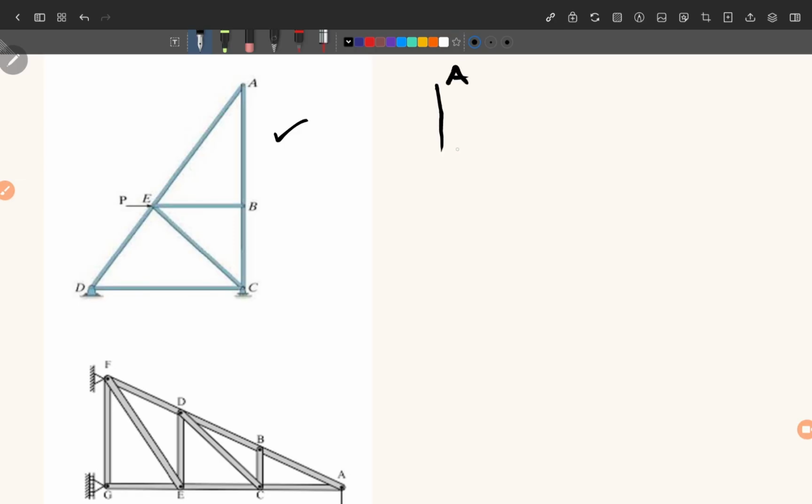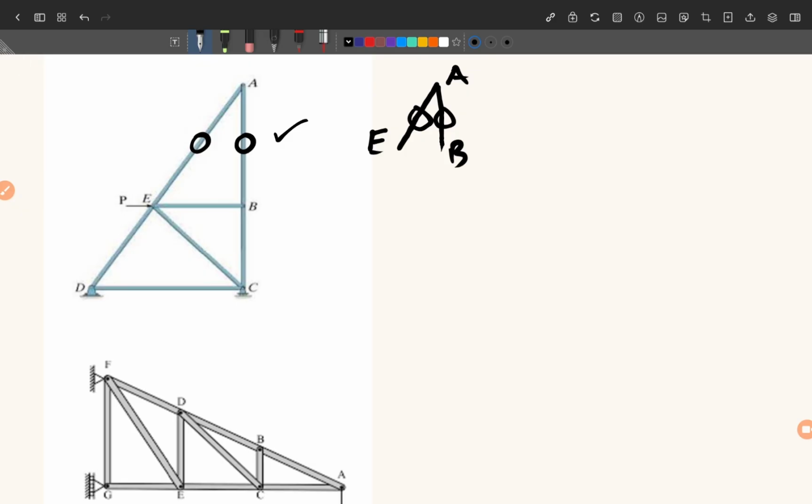This is A, this is point B, and here is E. So we have AB and AE at joint A. And if you look at joint A, there is no external force, there is no support reaction. So if you apply rule number 1, these two forces will be equal to 0. So we can say AB is 0 and AE also 0.